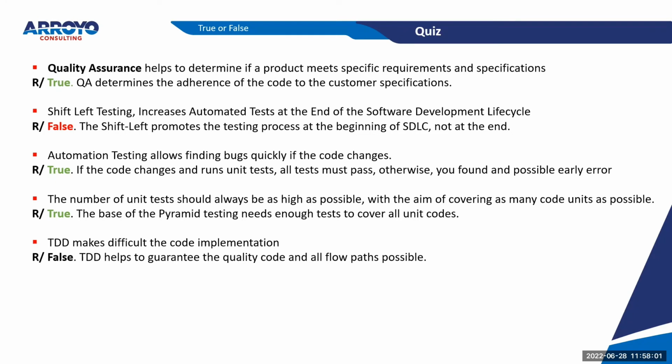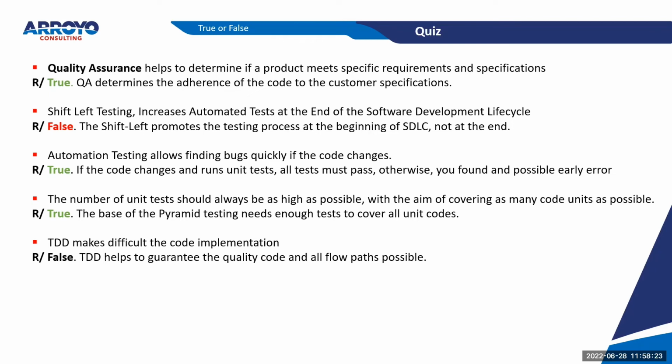That's true. If the code changes, that runs the unit tests, and all tests must pass. Otherwise, you found a possible early error. Remember that you have to include this kind of testing inside the integration pipeline that you have to run.